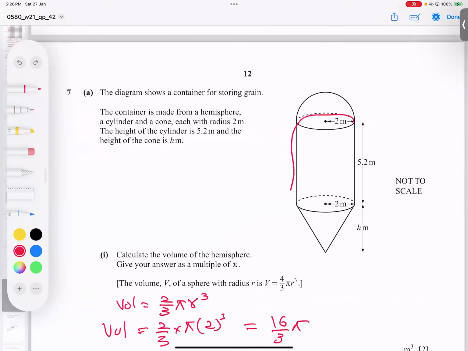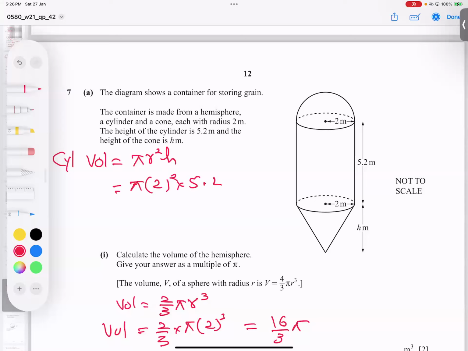All of you know the cylinder volume formula. I'm writing here, this one is pi r squared into h. So what is the radius of the cylinder? It is 2, and the height of the cylinder is 5.2. So pi r squared into 5.2.